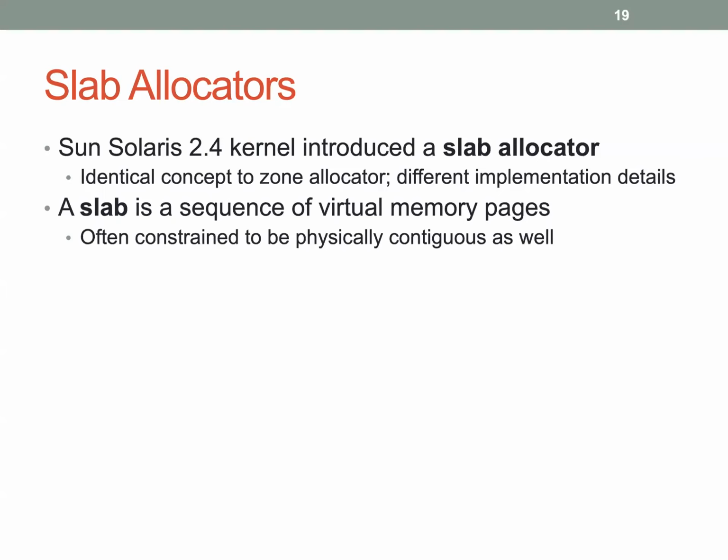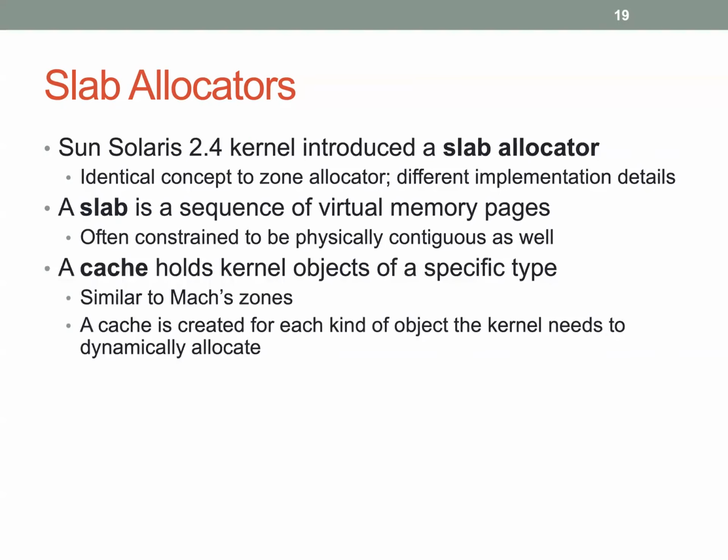And you can also tell the slab allocator, I need this slab to be physically contiguous if you happen to be setting it up for buffers for the disk controller, or buffers for the network controller, or buffers for sound devices and so forth, if those devices need to do DMA transfers in physically contiguous address ranges.